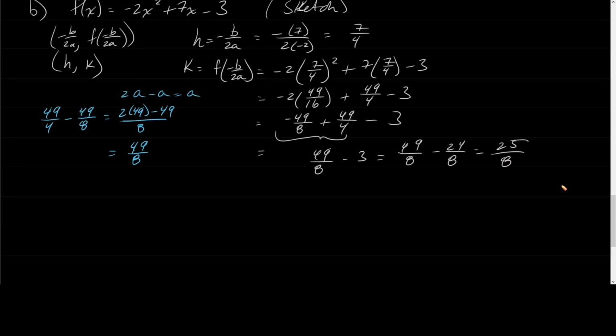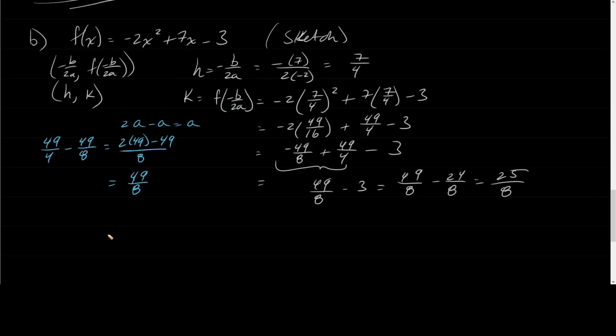So what I can say now is that f of x is equal to our a, which was -2, times x minus h. H was 7/4, so x minus 7/4, squared, plus our k value, which was 25/8. So that's another way to complete the square, specifically for graphing quadratic functions.